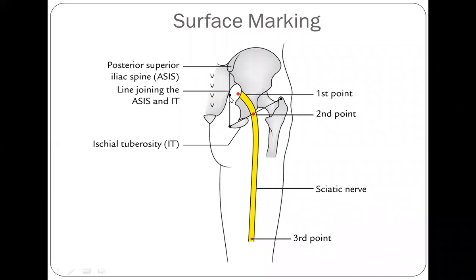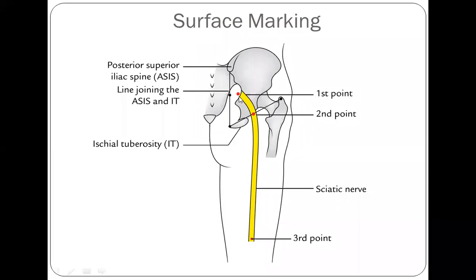Take the midpoint of that line, and our first point for marking the sciatic nerve will be 2 centimeters lateral to the midpoint. This red dot is the first point, 2 centimeters lateral to the midpoint. The second point will be the midpoint of the line joining the ischial tuberosity and the apex of the greater trochanter.